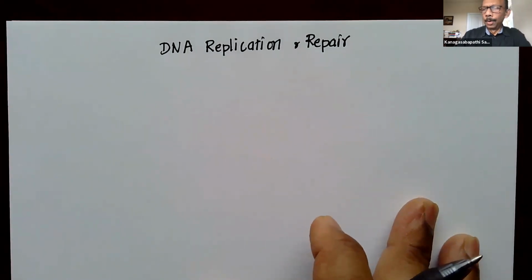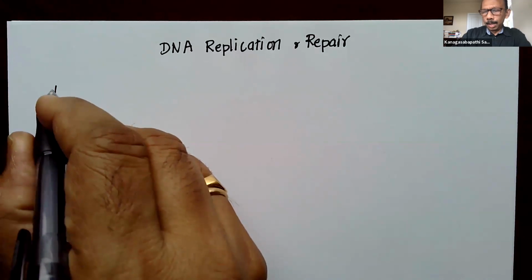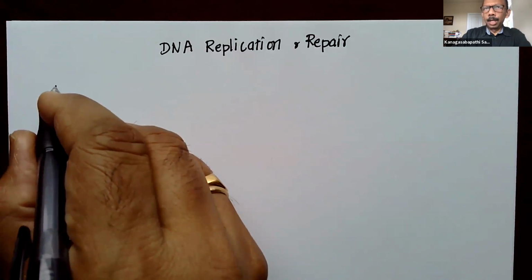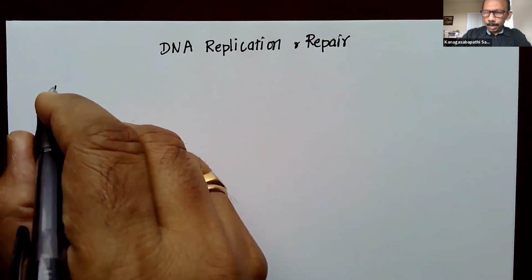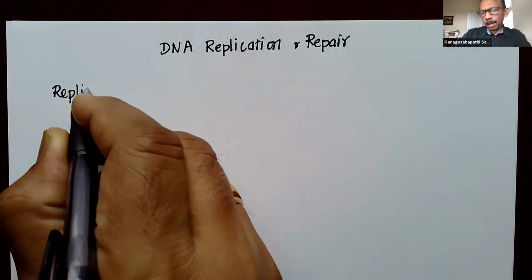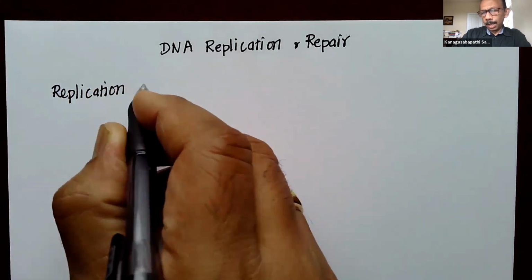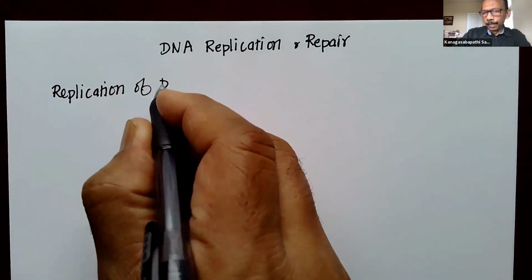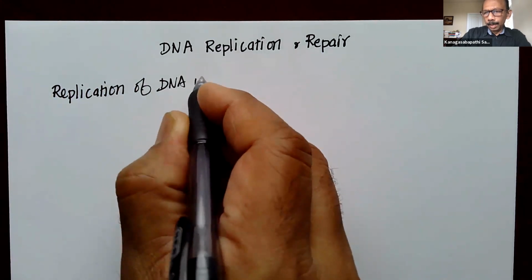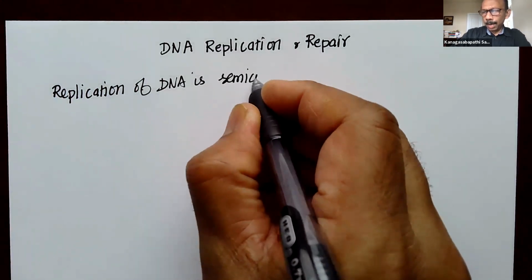Okay, so to continue where we left off, the DNA structure dictates the replication process, and Watson and Crick proposed that replication of DNA is semi-conservative. Okay, so what does that mean?